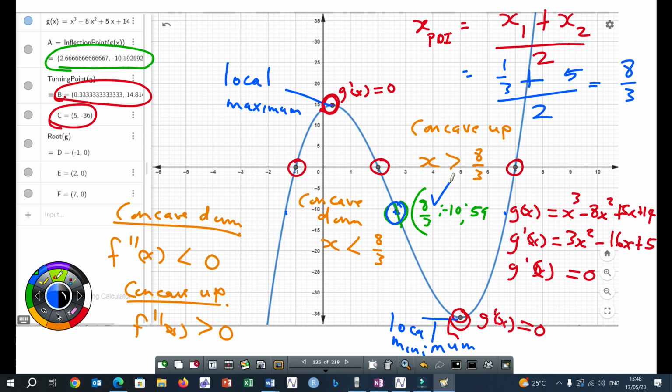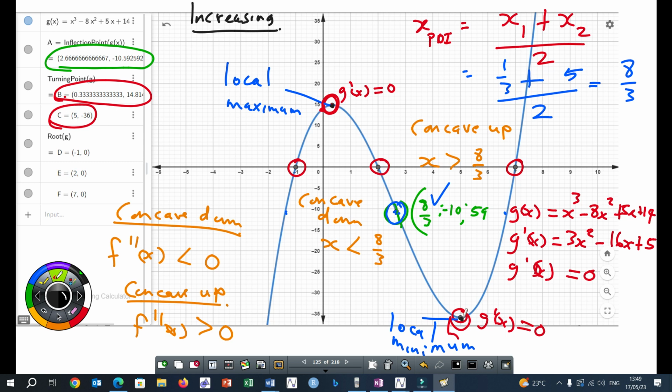Nice. What else? Then we also need to know for what values the function is increasing or decreasing. When it comes to increasing or decreasing functions, if you sketch the graph, you don't need the derivative. It is increasing to the left of the maximum turning point and to the right of the minimum turning point.